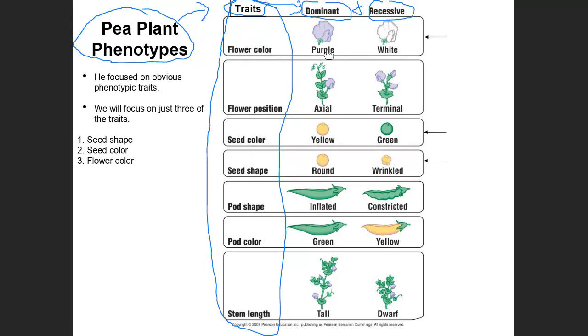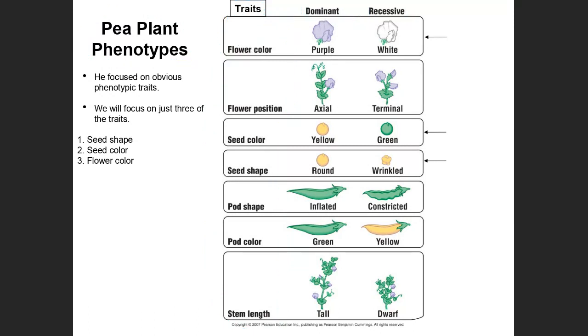It doesn't just come in a dominant purple, but sometimes the flowers appear as a recessive white for this one trait, flower color. Okay, so we have one trait, but that one trait can come in two phenotypes, the dominant phenotype and a recessive phenotype. In either case, this is all observable.